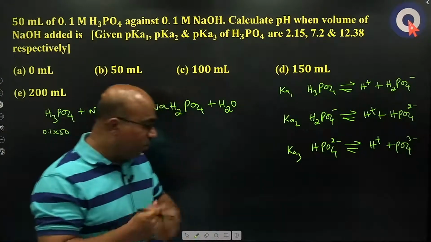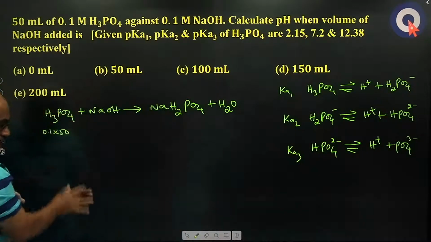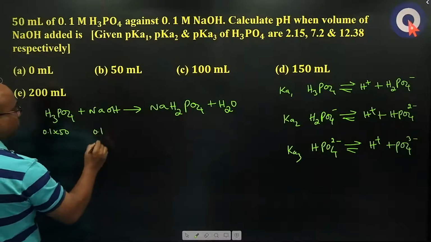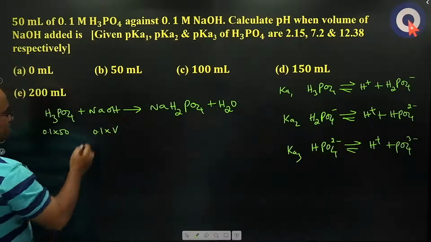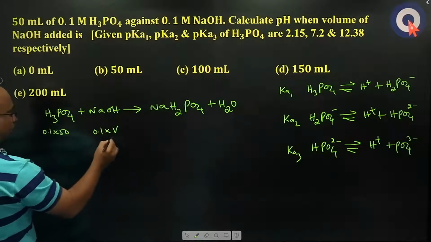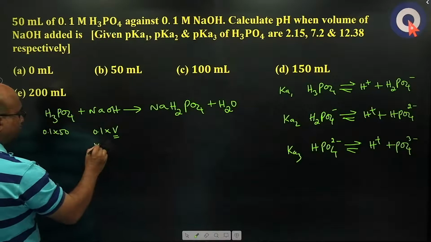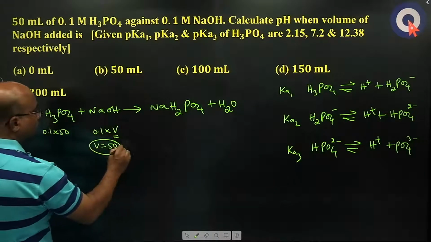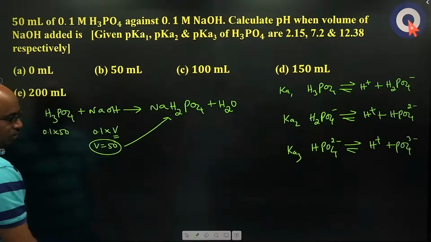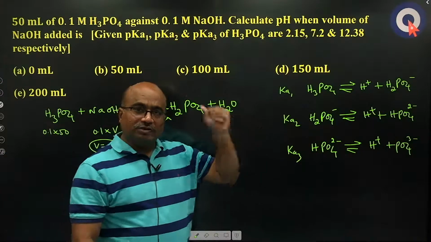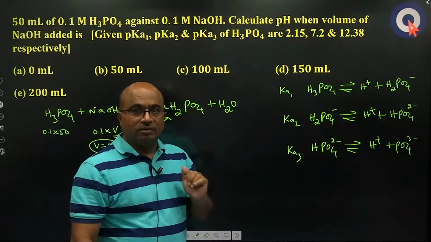That we will do. Let us see what happens in each situation. We had 0.1 of this, we add some volume, but the equivalents have to be equal, meaning at 50 ml, since V is equal to 50, these two are equal, and you will see the formation of this. But we say it is a salt of H3PO4, clear?